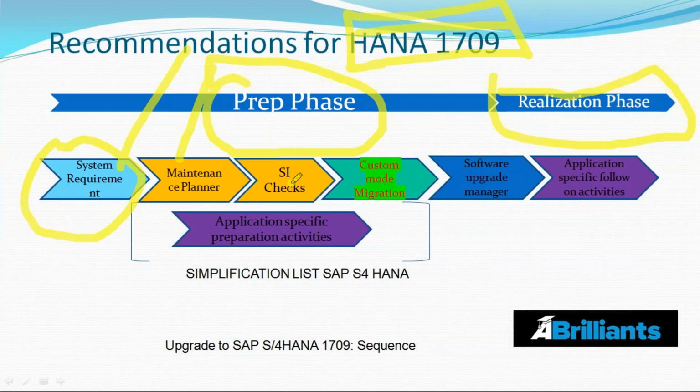Then we'll move to the last phase, which is the realization phase, where we'll talk about the software update manager and the application-specific flow of activities. That is going to give us our flow from our existing SAP scenario to the most simplified HANA scenario.